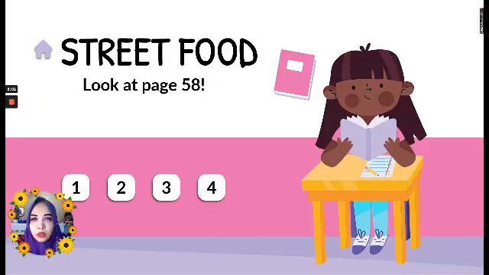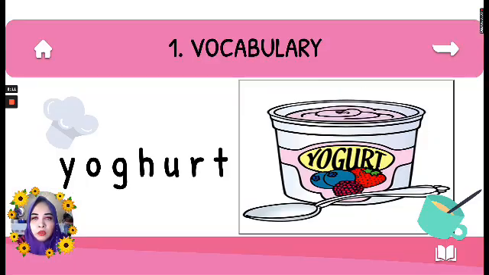Let's look at the street food, page 58. Do you have your textbook with you? Are you ready? Before we start, there are 4 vocabulary words on the top of the page that you need to know, but I add a few more vocab that you also have to know about the story.